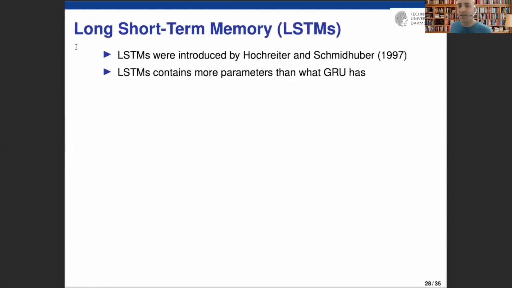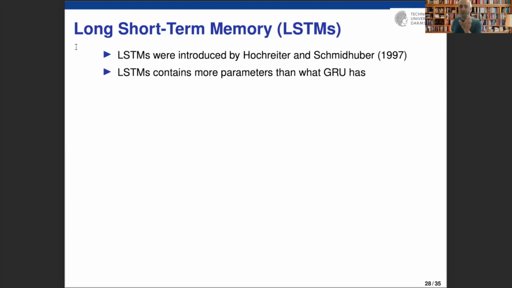Okay. The other solution was proposed by Hochreiter and Schmidhuber. Its name is long short-term memory cells, or LSTMs. These LSTMs are like GRUs.